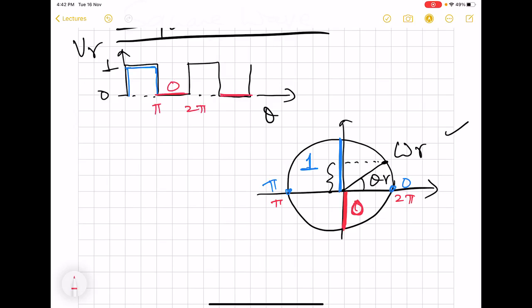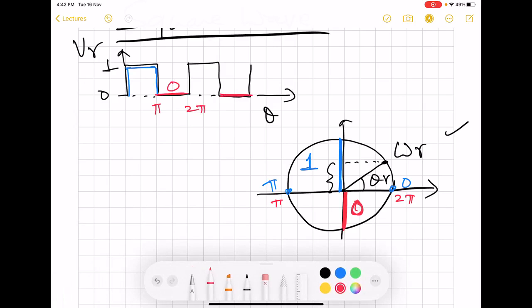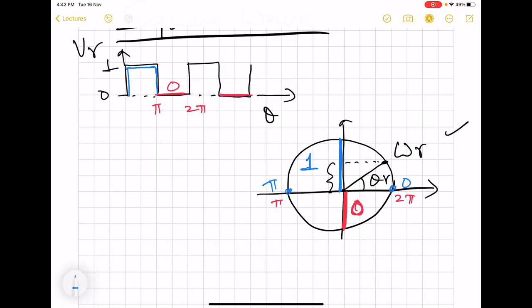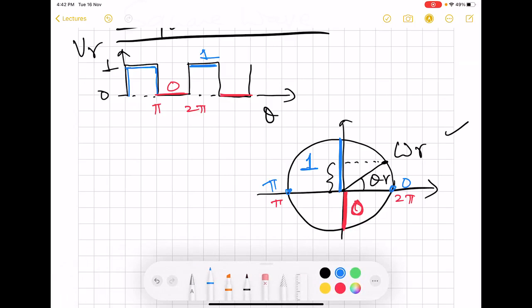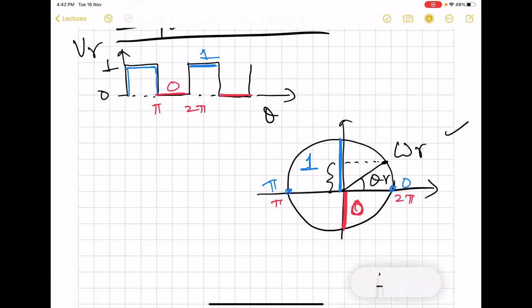So we see that the same phasor movement can be used to interpret the square wave also. But unlike the sine wave, we do not have a strength which will vary with time gradually in a smooth way. There is an abrupt change in the value. So this is one way of interpreting.